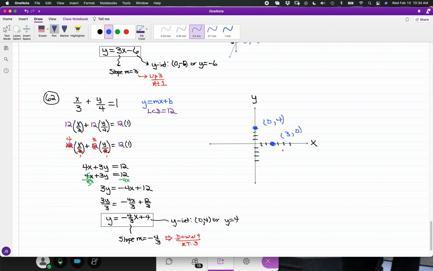Then we have another ordered pair at (3, 0), and if we go down another 4 units and shift over 3 units, we come out to (6, -4).